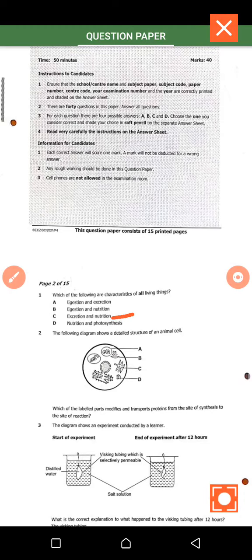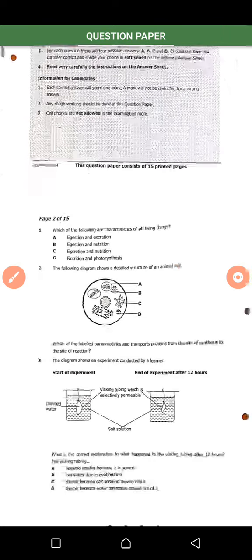Okay, then we go to question 2. The following diagram shows a detailed structure of an animal cell, and they are asking which labeled part modifies and transports proteins from the site of synthesis to the site of reaction.